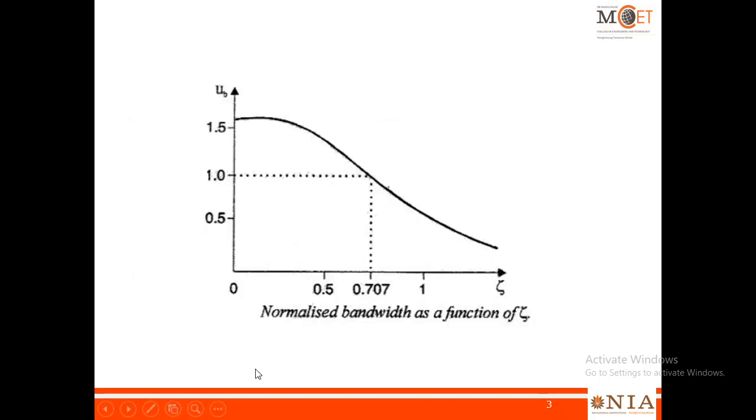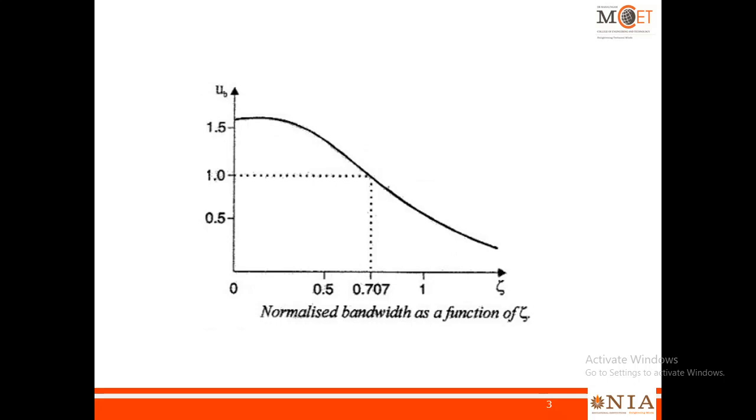And this is a relationship between bandwidth frequency and tau. Here the bandwidth frequency is a frequency domain specification, and tau is a time domain specification. The main time domain specifications all depend upon tau and omega d, isn't it?